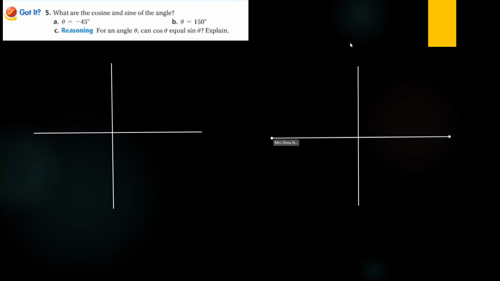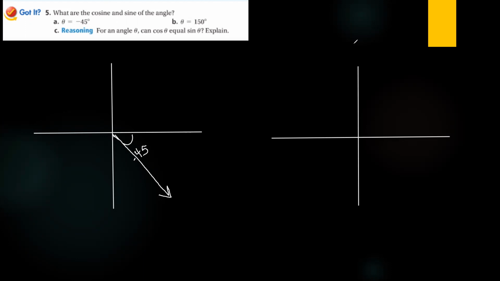Now, angle negative 45. That means I have to rotate 45 degrees clockwise. So it's supposed to be here. From the x-axis, I rotate 45 degrees clockwise.